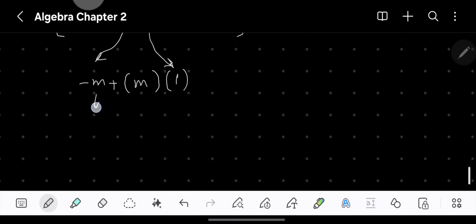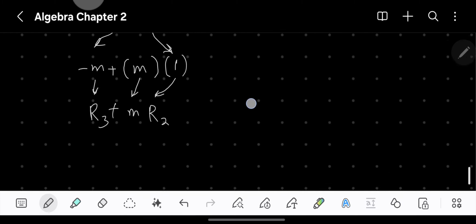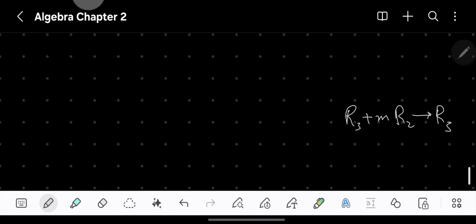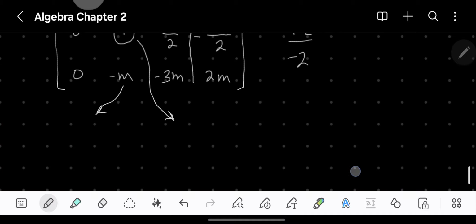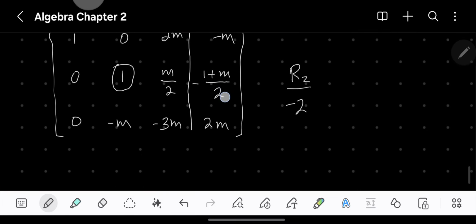So this minus m is coming from R3, plus this m is the scalar, I will write as it is, and this 1 is the pivot entry which is coming from R2. You can check. Okay, so this is the operation which I'll perform. So I perform this operation in R3, so that means my R1 and R2 will remain fixed.